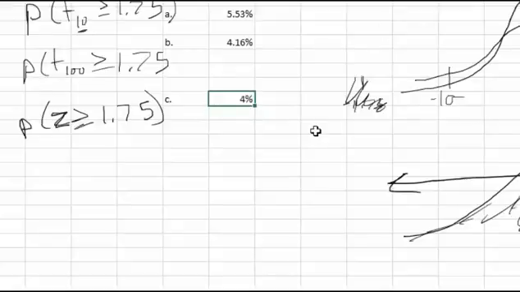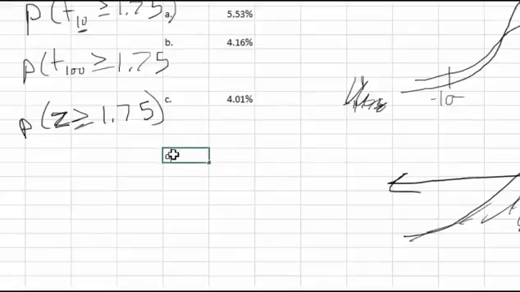And what did I say? I said I expected that was lower, and it is. It's just a little bit smaller than the 100 degrees of freedom. So as we've mentioned, as your degrees of freedom gets larger, your t approaches your z. Your Student's t-distribution approaches your fully normal distribution.